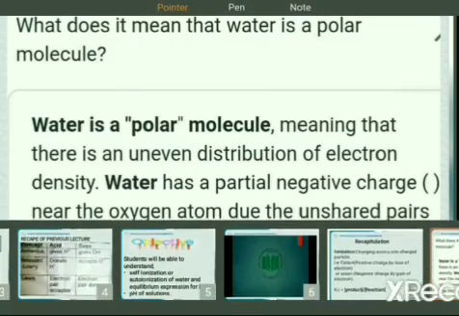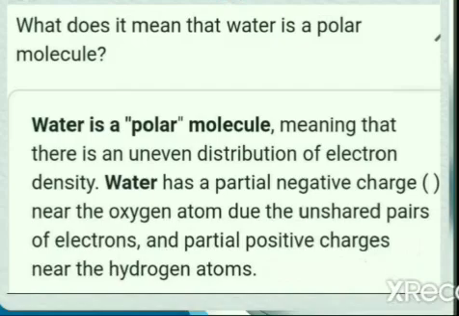This is all due to the electronegativity difference between oxygen and hydrogen. Oxygen has more power to pull hydrogen's electrons towards itself. So oxygen has a partial negative charge, and hydrogen's electron is pulled away from it. That's why the hydrogen atom has a partial positive charge.